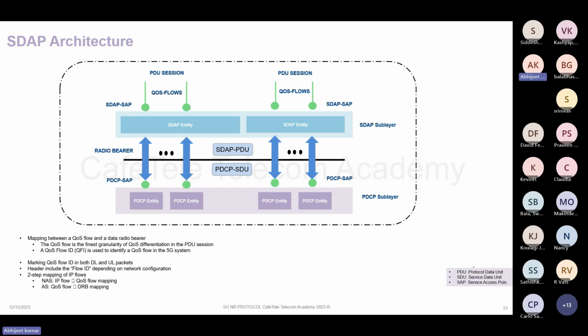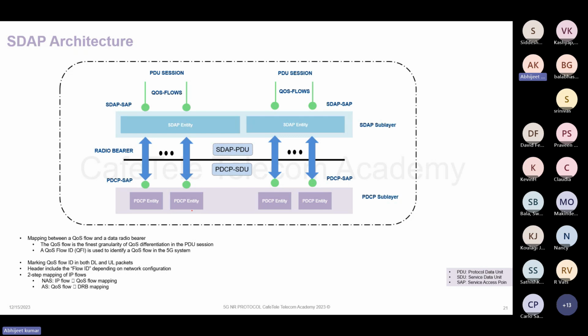Now here, we have one PDU session, and two PDU sessions here. This PDU session basically represents the communication session between the network and the 5G device. And each PDU session can carry multiple QoS flows, which are the finest granularity of QoS differentiation in 5G.